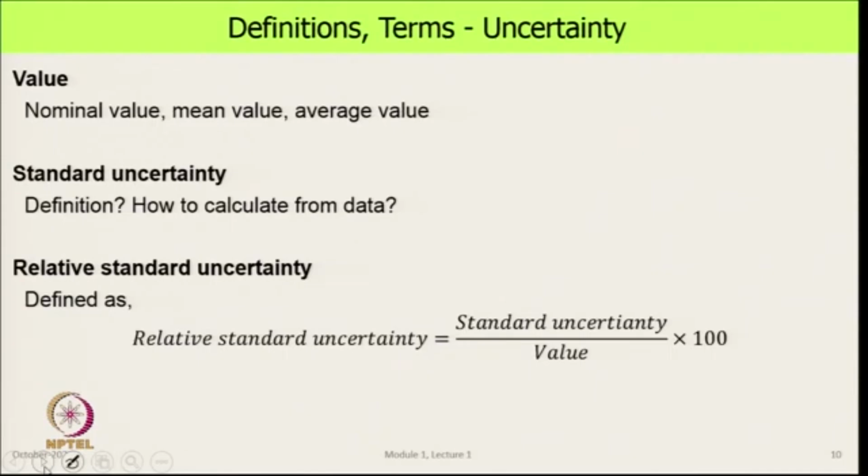Some terms have already come in that earlier slide that I showed, and let us see what they are. The first was value, which we have said is the nominal value, mean value or the average value, a specific numerical value.